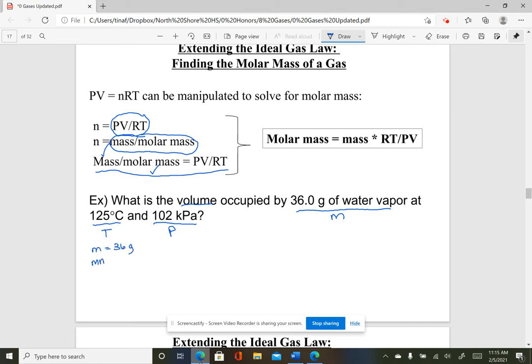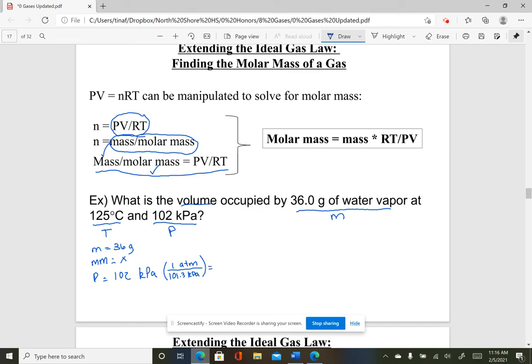Molar mass is my X. Pressure is 102 kilopascals. And I know in 1 ATM, I have 101.3 kilopascals.